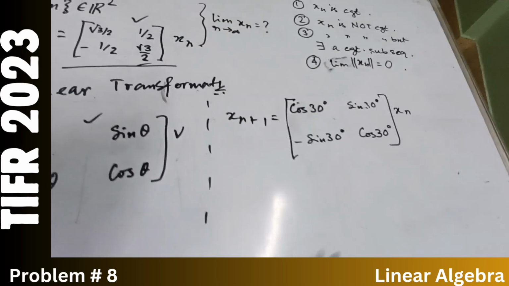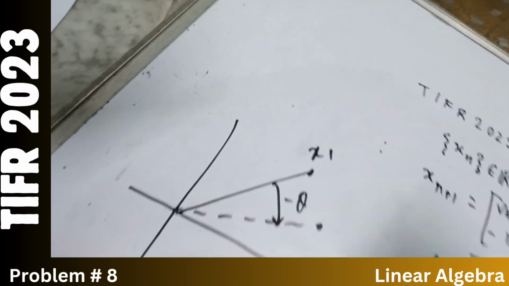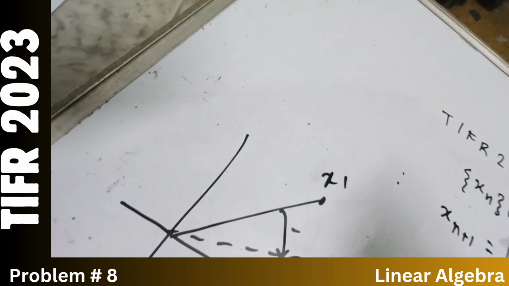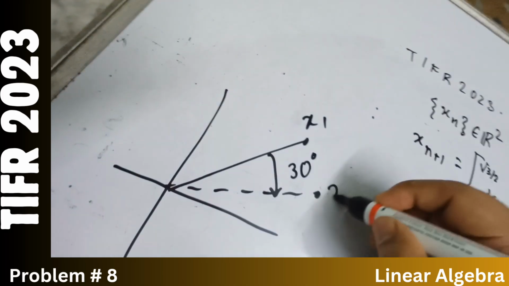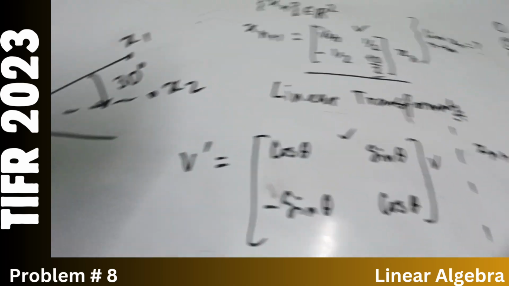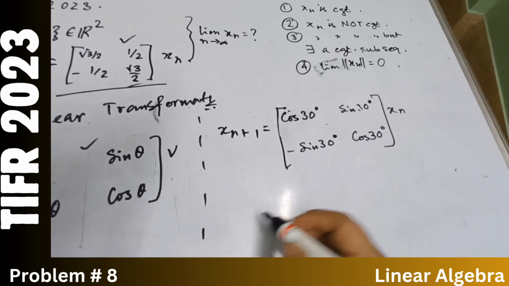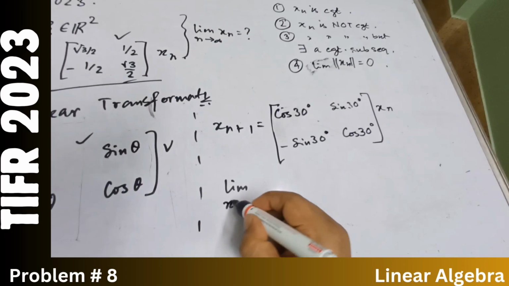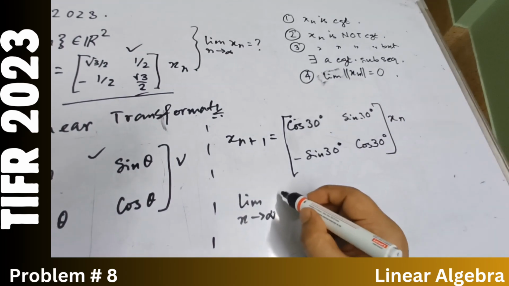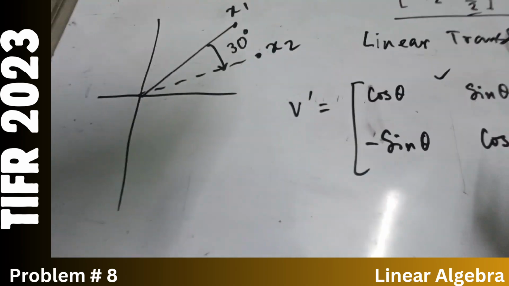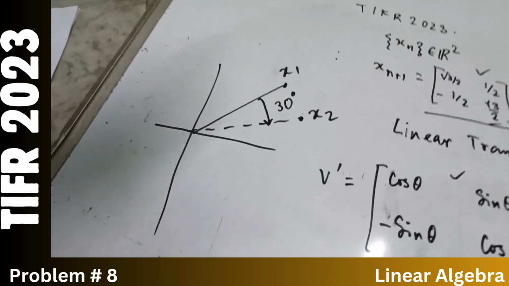So basically what is happening is that if this is our x1, it gets rotated in the clockwise direction by 30 degrees, producing x2. This goes on forever, since we are taking the limit as n goes to infinity, where n means the number of rotations. So we have an endless rotation where each rotation is 30 degrees.